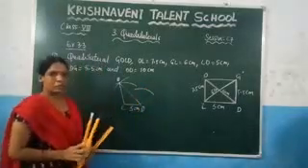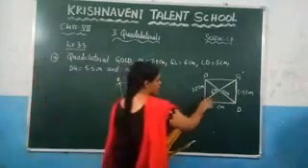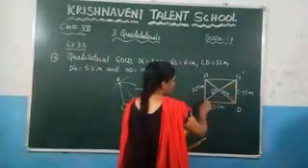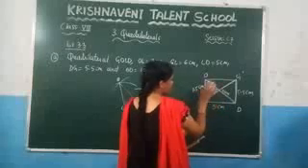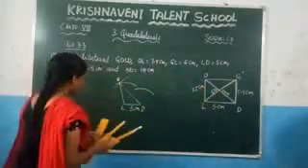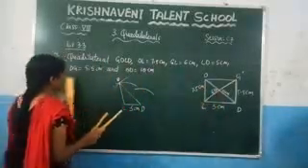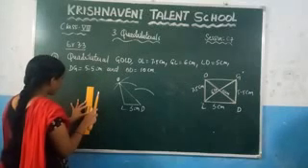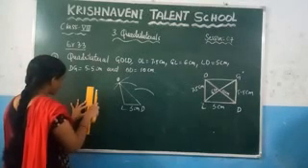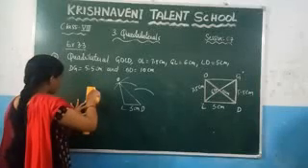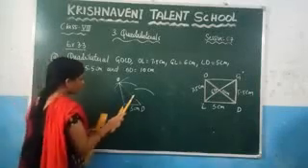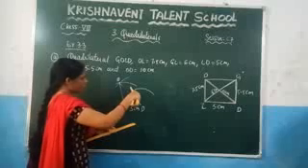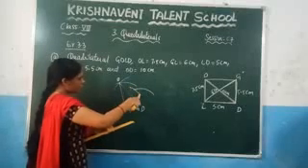Now since we know the other diagonal which is LG, which is 6 centimeters, let us take the length of LG here. This is 6 centimeters. So you know that LG is nothing but one diagonal. So let us mark this one.